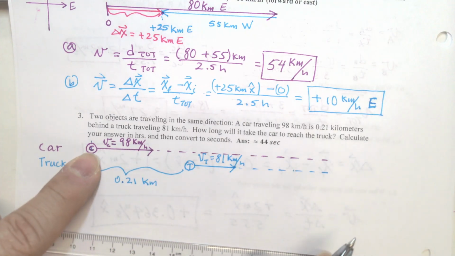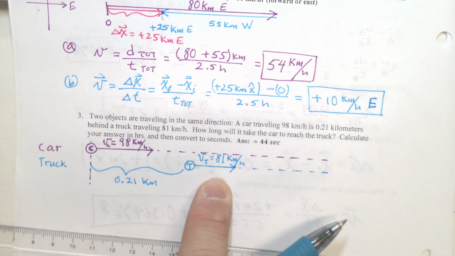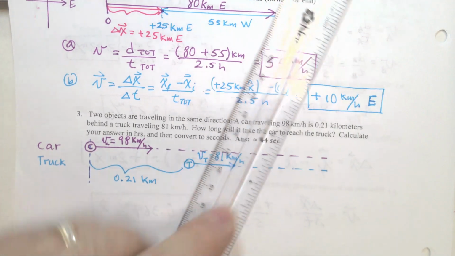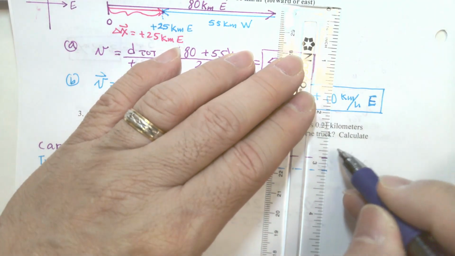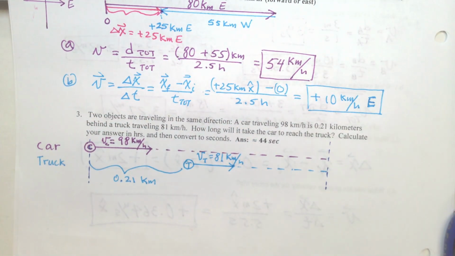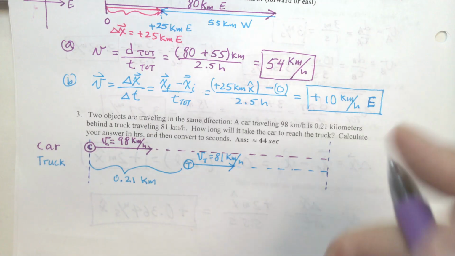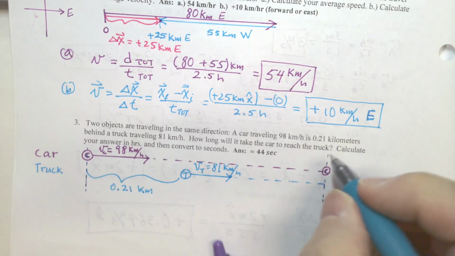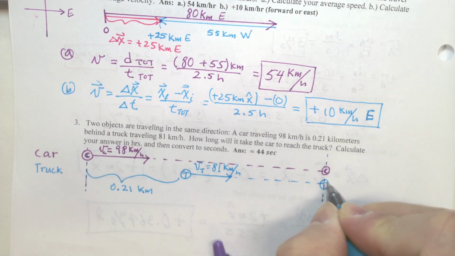When the car's speeding up, it's going faster than the truck, so eventually they're going to start to overtake the truck, right? So they want to know when that will happen. When will the truck and the car be at the same spot? Right? So car and truck, right?